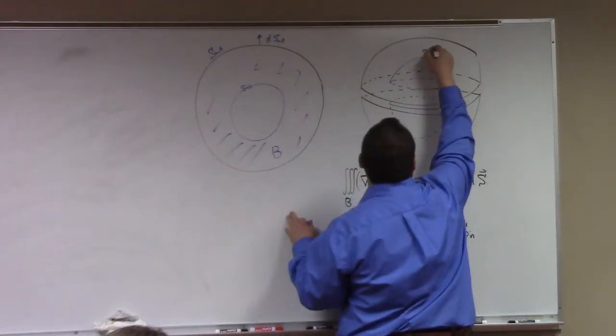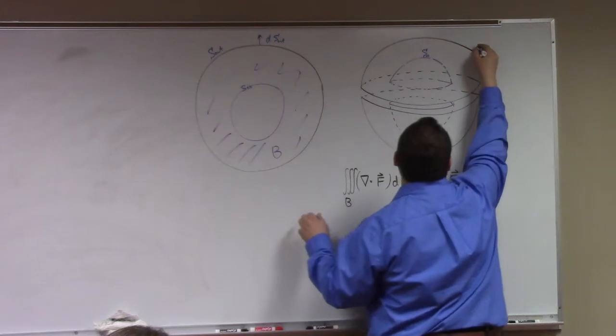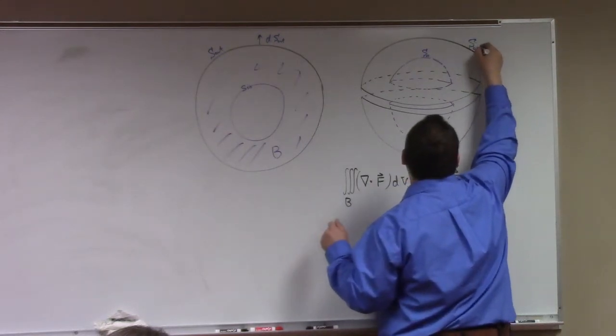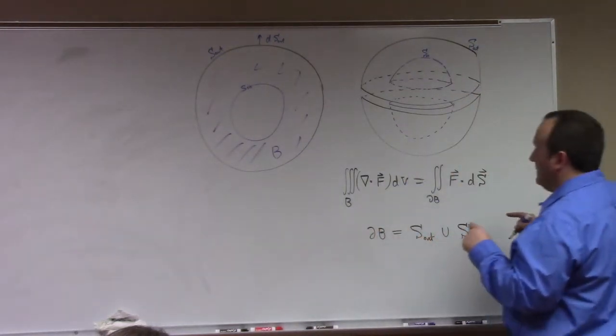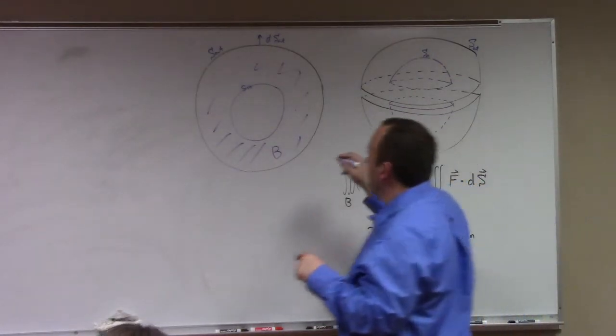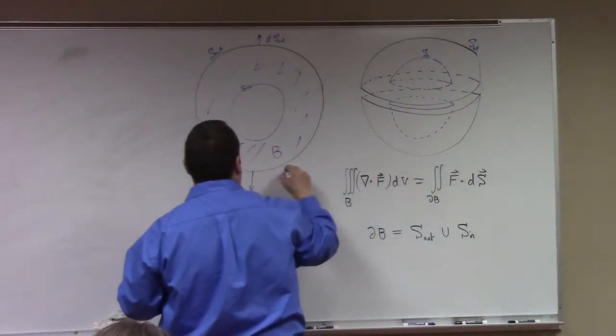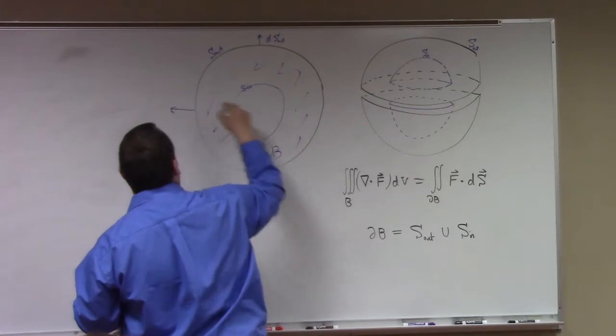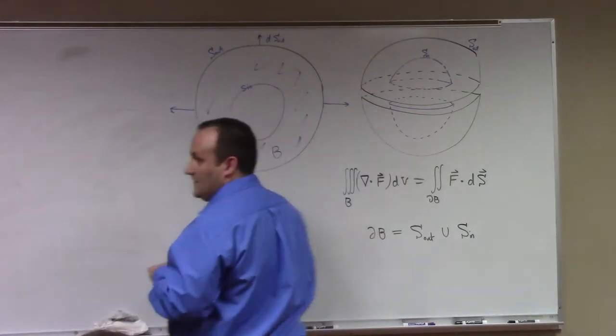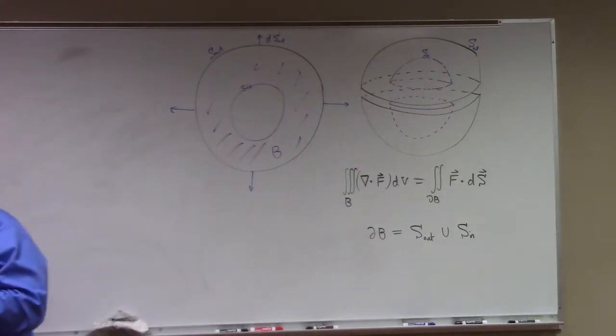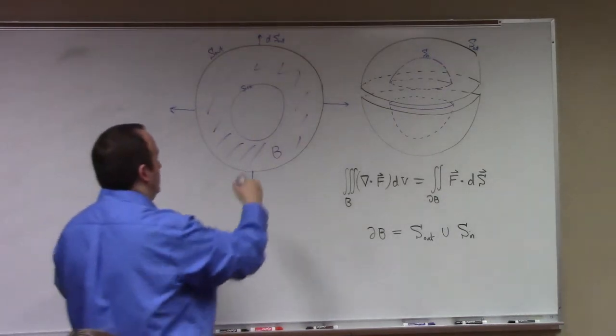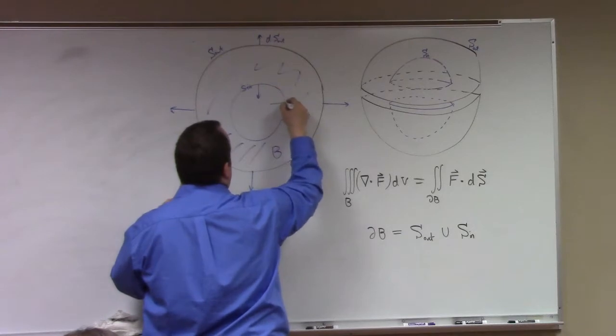The inner edge of the boundary of the solid, the outer edge. And so I'm saying that the outer edge is oriented. So here's the way positive orientation works for solids. The normal has to point outside of the solid. So the positive orientation of the inside surface points inward. So S in points like this.